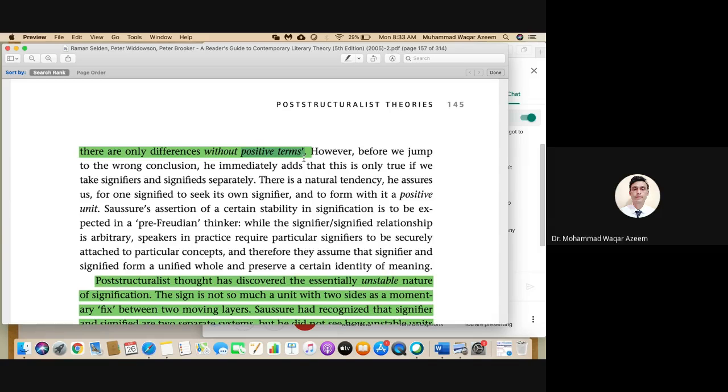By positive term, we mean any word having its own inherent, absolute meaning. So no word has its own absolute meaning. Rather, we understand each word in language because of its difference from the other words, and it is because of that difference that we remember those words.